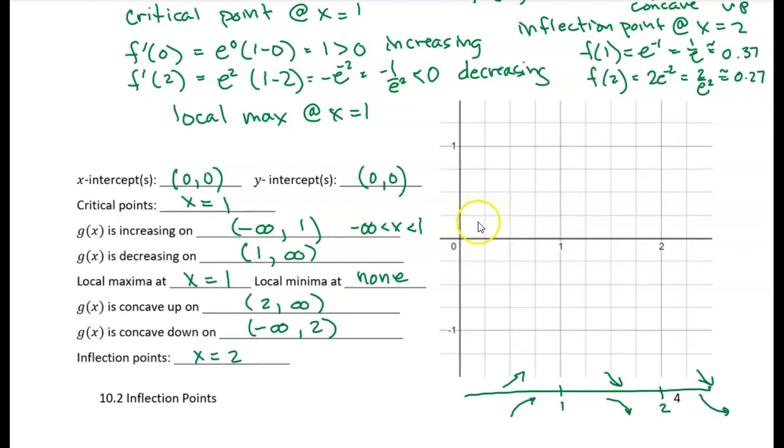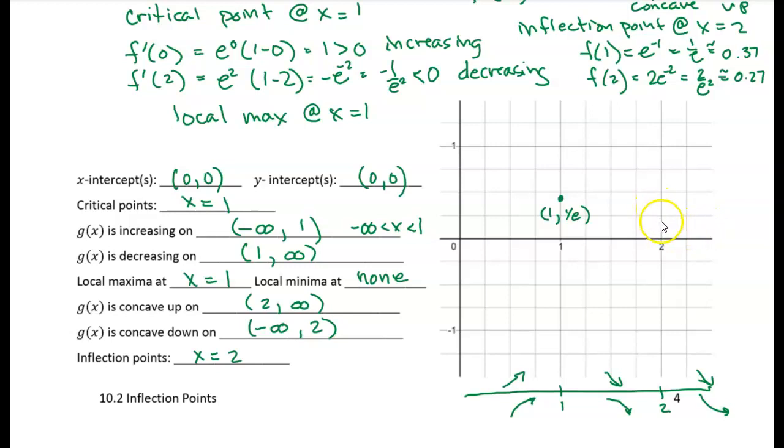So it looks like this is about 0.25, 0.5. So 0.37, I'll just say it's roughly there. That's our value of the function at 1. I can label that point 1, comma 1 over e, if I want to label the exact point.